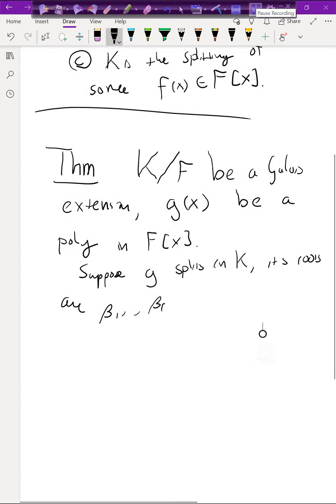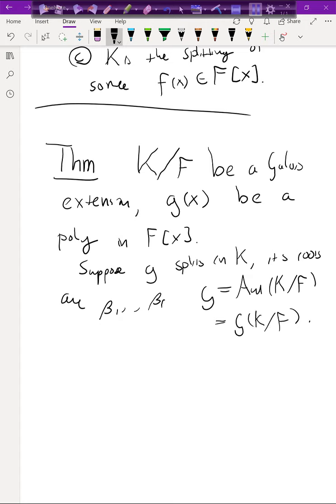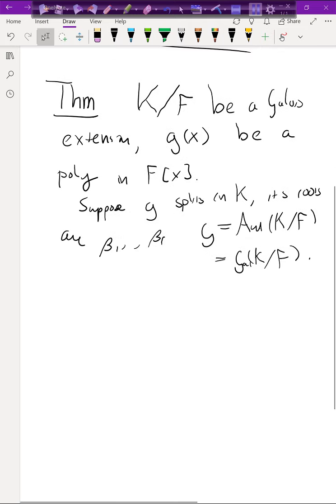So we have this set up. And we're going to again let G equal Aut K over F. And at this point, we can also call it G of K over F because it is a Galois extension. At least that's what some books do. They only use the G or the Gal of K over F when the extension is Galois. And these are not really theorems almost, but they're just observations about what we already know.